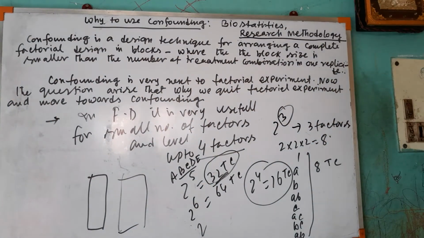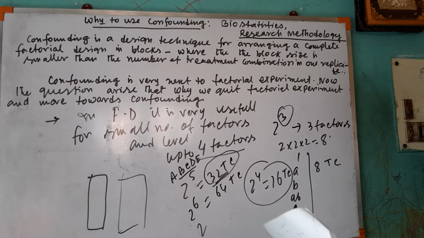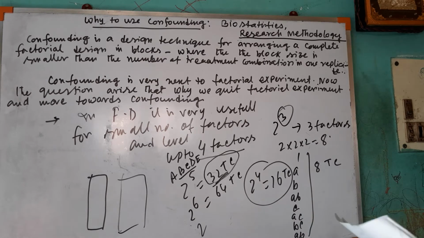Because a small number of treatment combinations in blocks is not questionable. That is, small observations are always reasonable, meaning treatment combinations maintain the homogeneity.